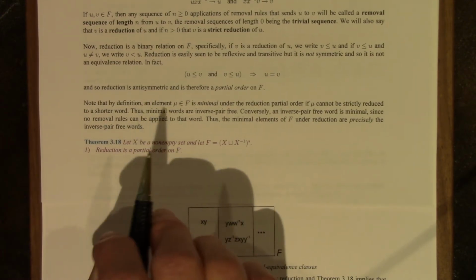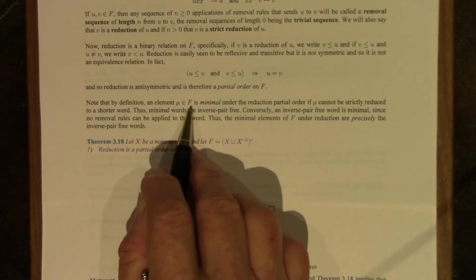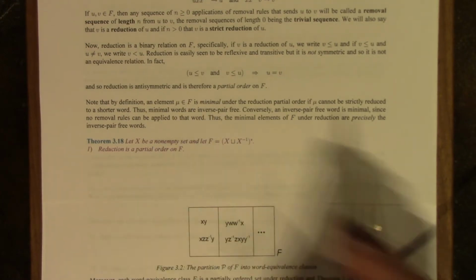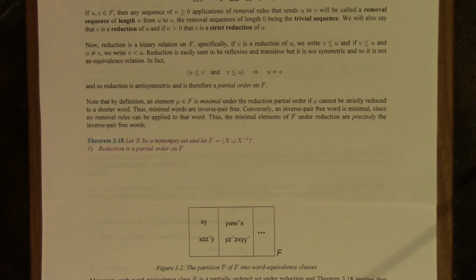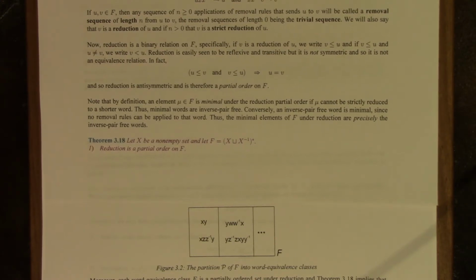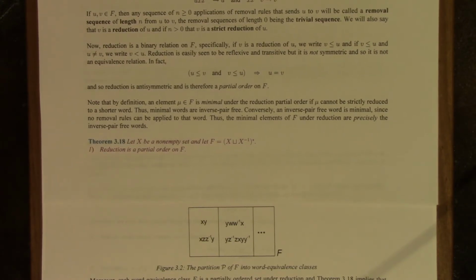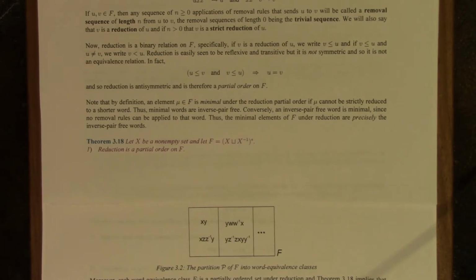Now, by definition, an element mu in F is minimal under the reduction partial order if mu cannot be strictly reduced to a shorter word. So minimal words must be inverse pair free, because otherwise you could pull out an inverse pair and reduce further.